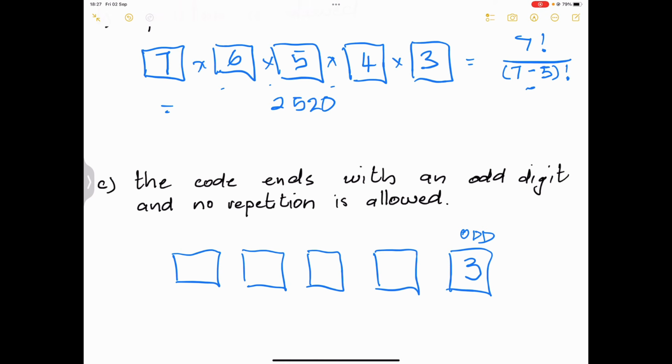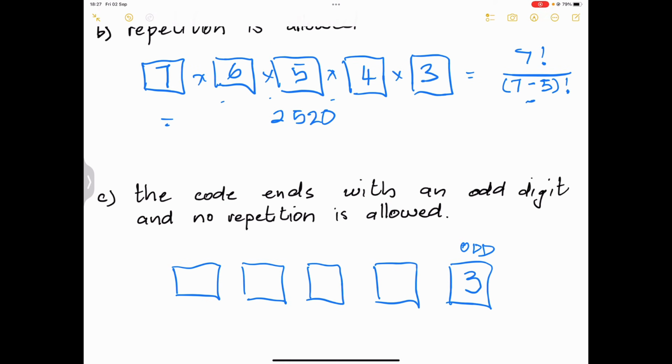But now I want you to think about it. Once you've chosen that odd digit, remember they said repetition is not allowed, right? Now let's go to the other digits. So in this case, how many do I have to choose from? Now I've got 6 that I can choose from, right? And then, of course, you've got 5 that you can choose from. You've got 4 that you can choose from.